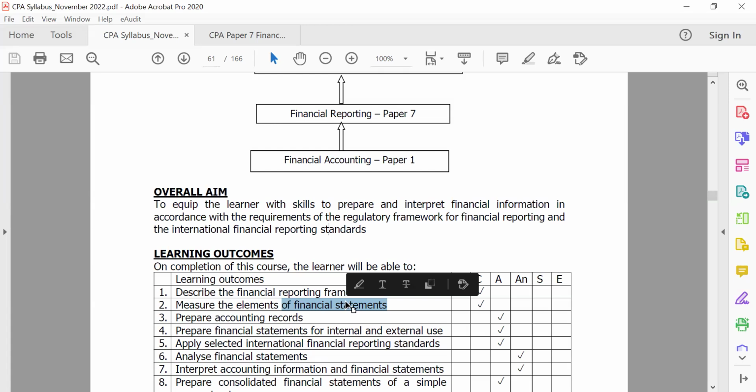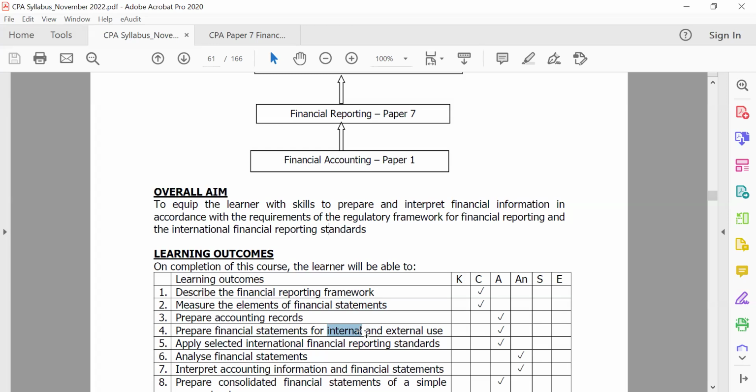And we should also be able to understand how we prepare accounting records, leveraging on IAS 1, which is to do with presentation. Then we'll also be looking at aspects of preparing financial statements for internal and external use. We understand that financial statements have various users, and internally this could be management, this could be employees, this could be the board, because the board is also looked at as internal.